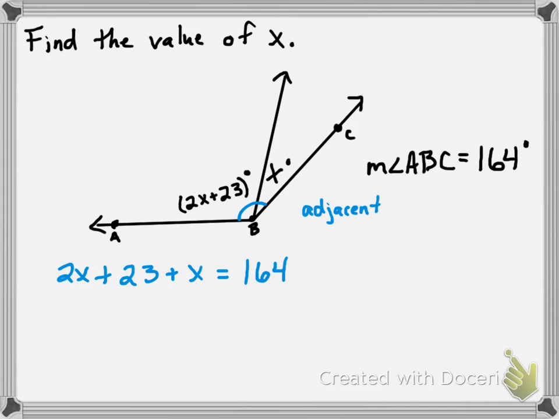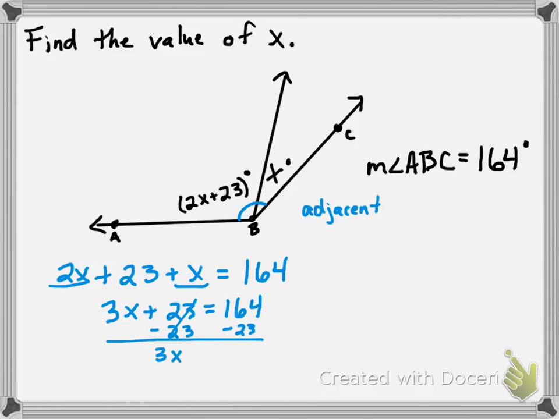Now I can solve. So I've got 2x plus x, well that's 3x plus 23 equals 164. And now it's just a two-step equation. I need to subtract the 23. That gives me 3x equals 141. And I need to divide by 3. And I get x equals 47.